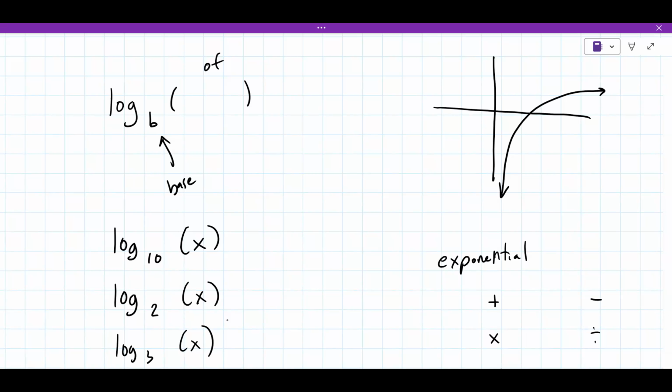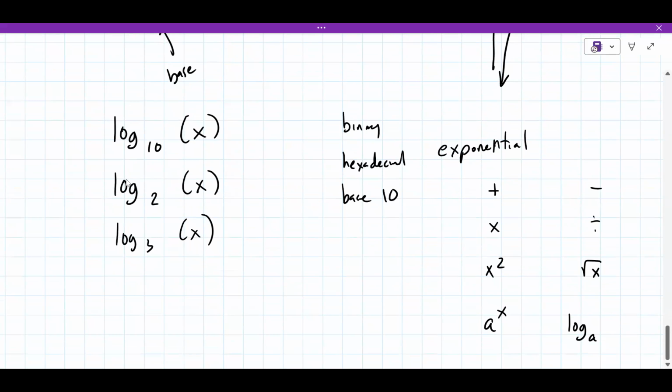Maybe you've heard of binary and hexadecimal. We run in base 10, decimal. There's some relationship there, not a ton. The one you see a lot is log base e. For a long time log base e wasn't really used, but now it's become the standard, and it's been shorthanded to ln. Log base e is ln.